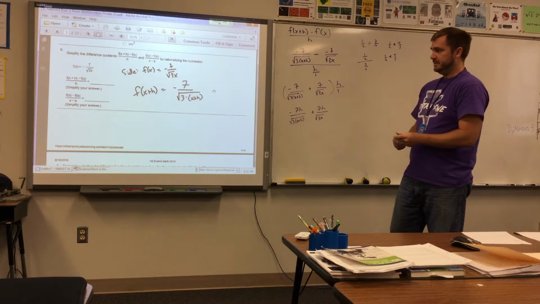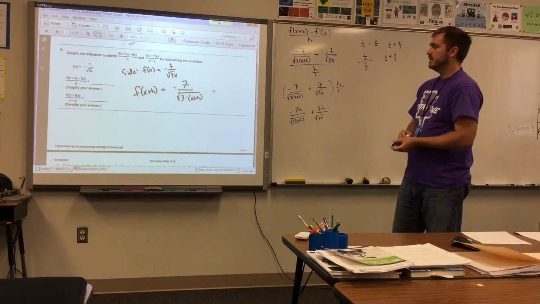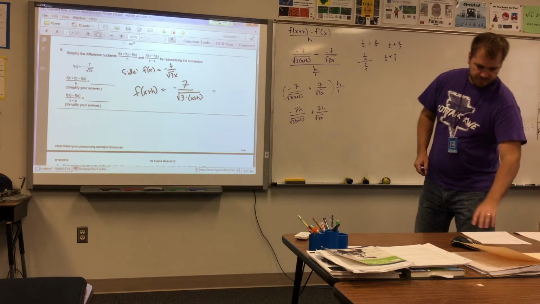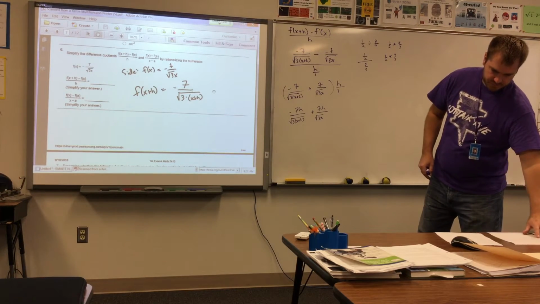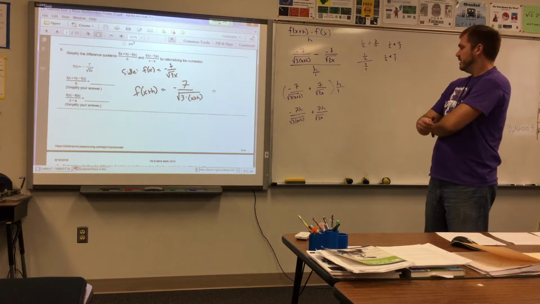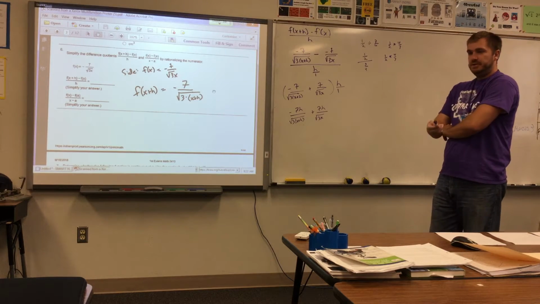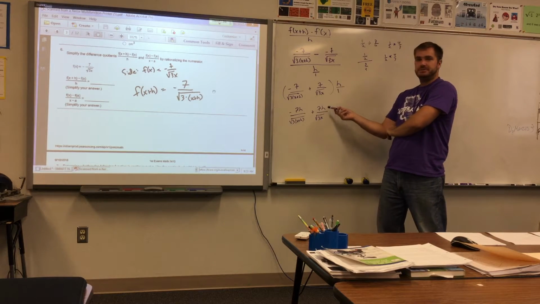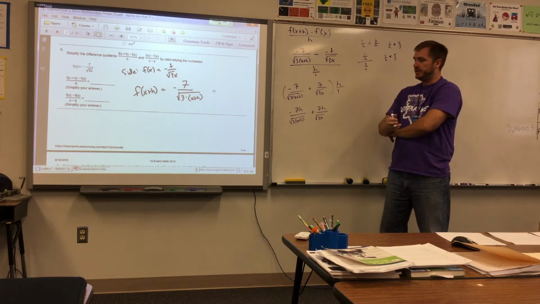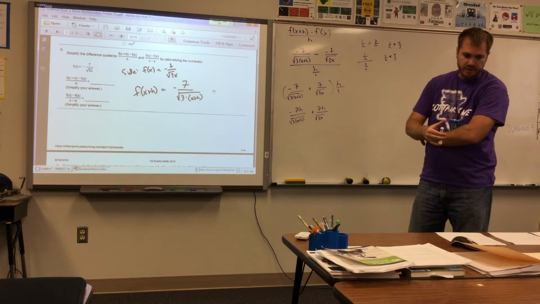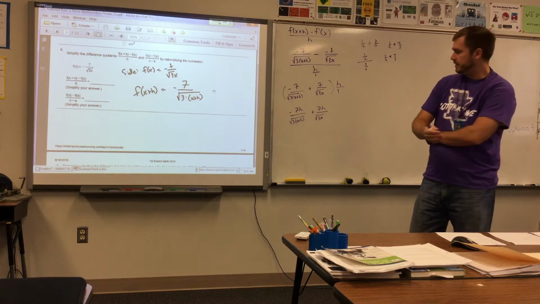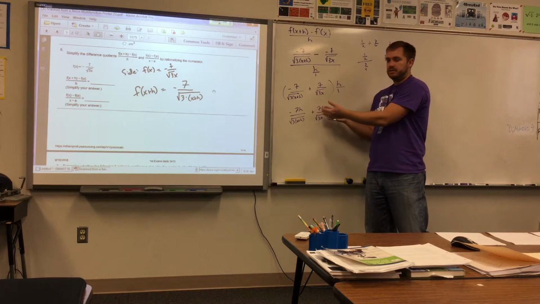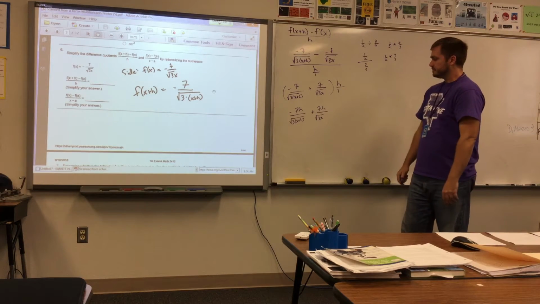Now, they say rationalize the numerator. I would say, oh, well, I did. There's no radicals in the numerator there. But looking at what their answer is, what they also want you to do is combine this into one big thing.